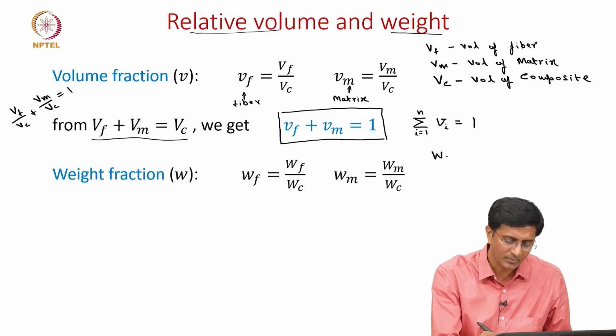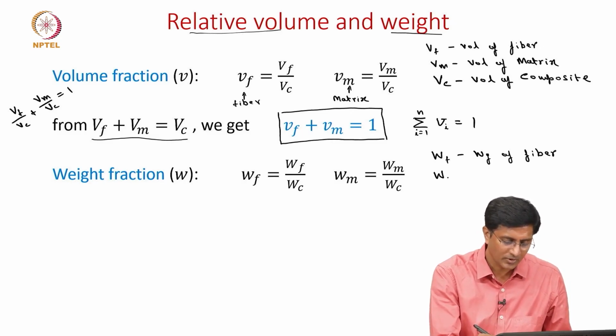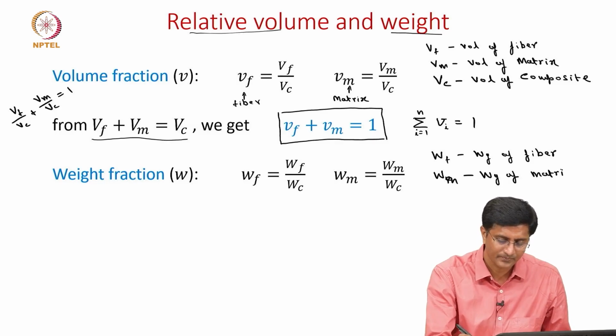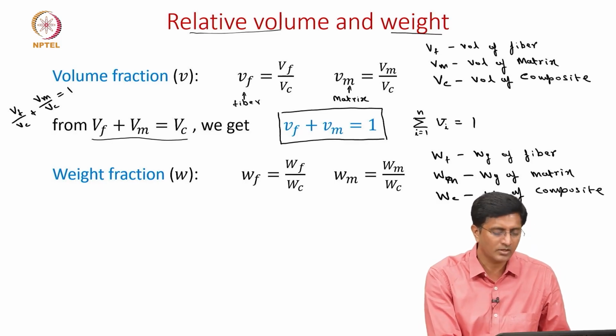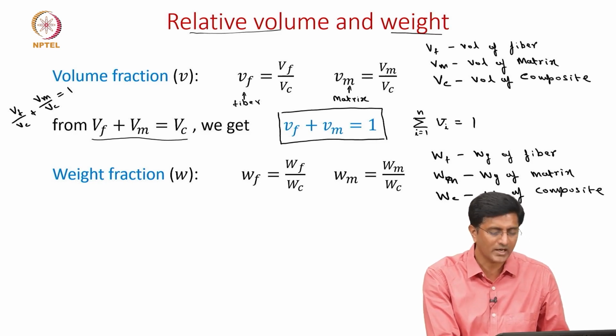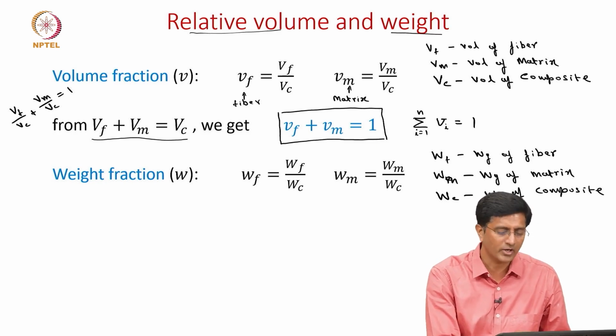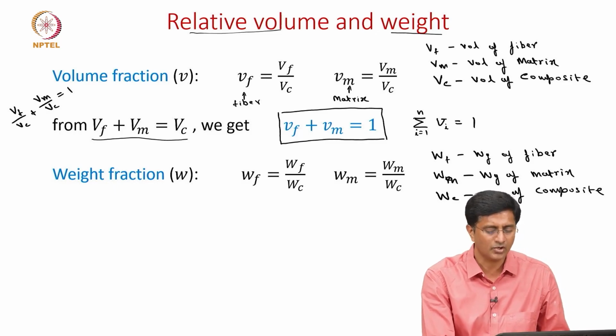So here the capital Wf is weight of fiber, capital Wm is weight of matrix, Wc is weight of composite. Okay. And then we can define these ratios or the fractions as the weight of the fiber by weight of the composite, and wm is the weight of matrix by weight of composite.